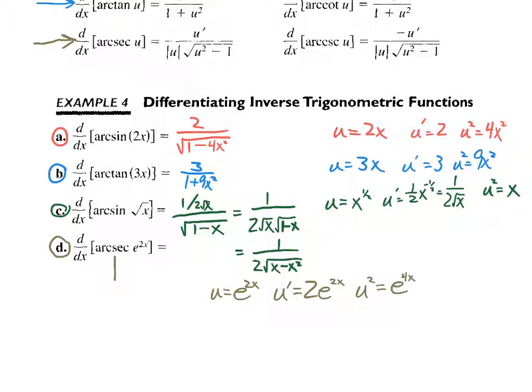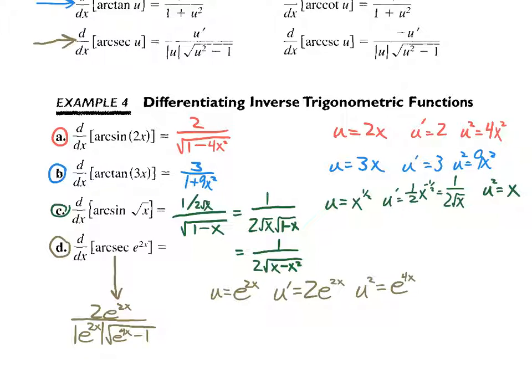So, using our formula, the derivative is u prime, 2e to the 2x, over absolute value of u, so it's absolute value of e to the 2x, times the square root of u squared, e to the 4x, minus 1. Okay? Now question, is e to the 2x ever negative? No. E is positive.